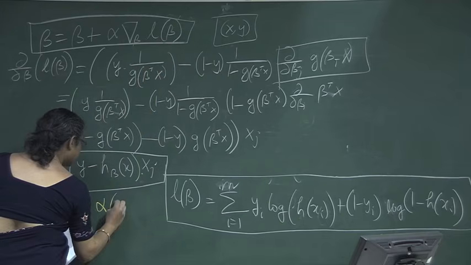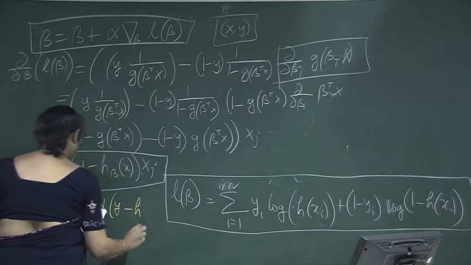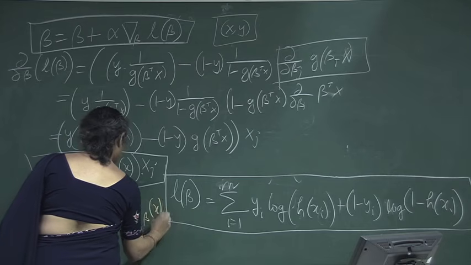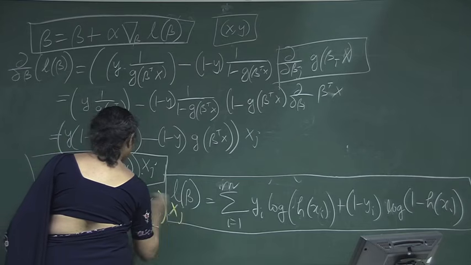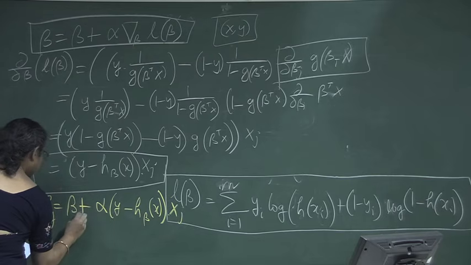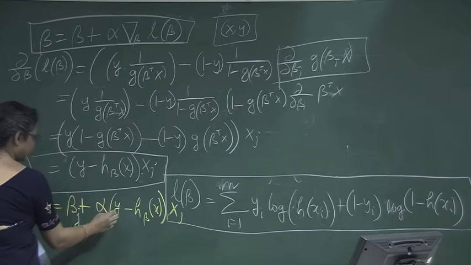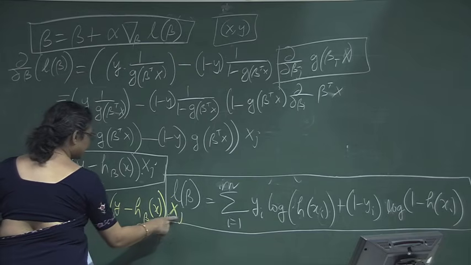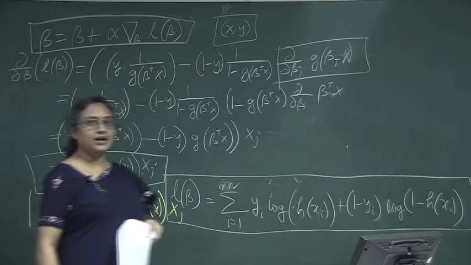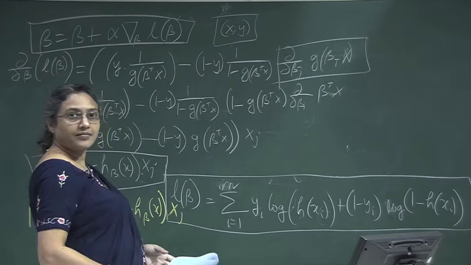So, alpha times (y minus h_beta(x)) times x_j. Okay. So, this is the value of the jth component of beta. So, beta_j equals beta_j plus alpha times (y minus h_beta(x)) times x_j. This is the change that we make for a single training example (x, y).